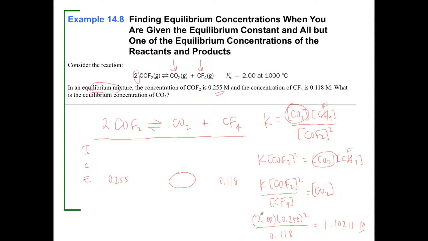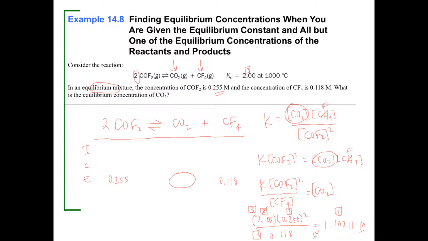And then I'm going to finally ask myself, what are the sig figs here? So it looks like there's 2 sig figs here in the K. You see it here? Oh no, that's 3. Whoa. 3 sig figs are right here, right in the K. My 0.255 is 3 sig figs. And 0.118 is 3 sig figs, right? Okay, so these are all 3 sig figs. This is going to have to be 3 sig figs here.